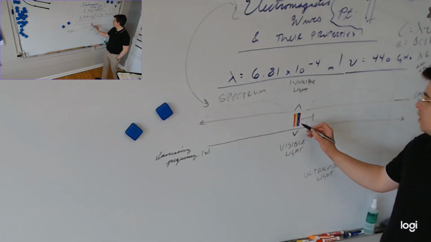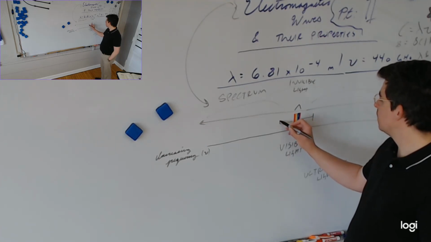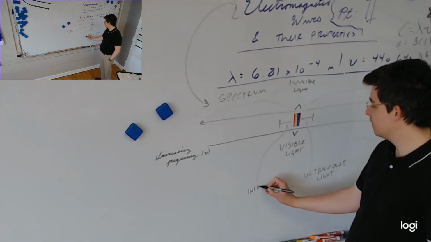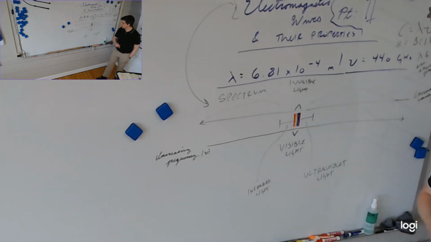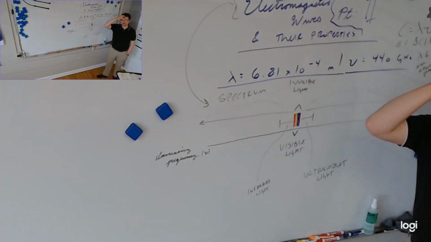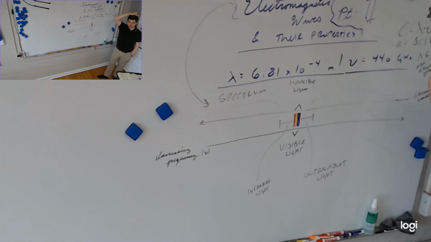What might I call light that is below red? Infrared light. This is the one I would say is about heat. What evidence is there that infrared light exists? Goggles.